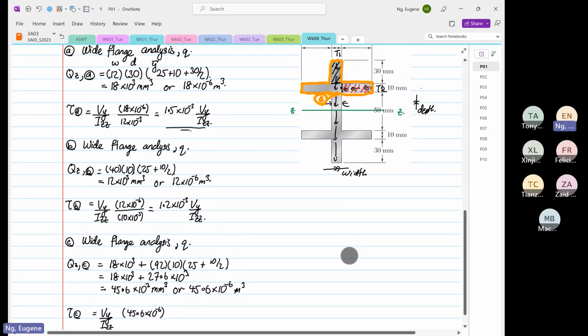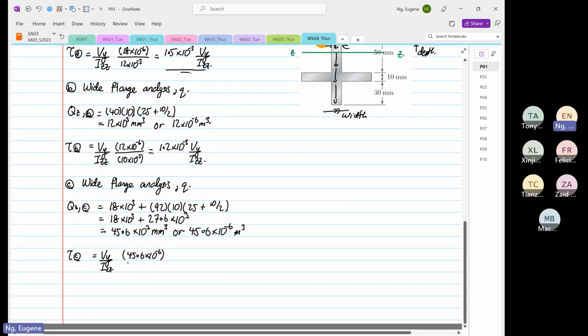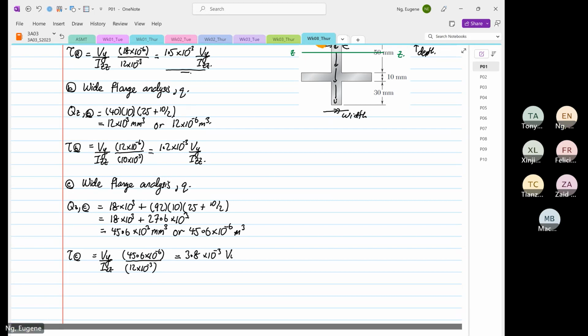So it is 12 millimeters. So this is equal to 45.6 power minus 6 divided by 12 power minus 3. So it's 3.8 times 10 to the power minus 3 Vy over Izz.